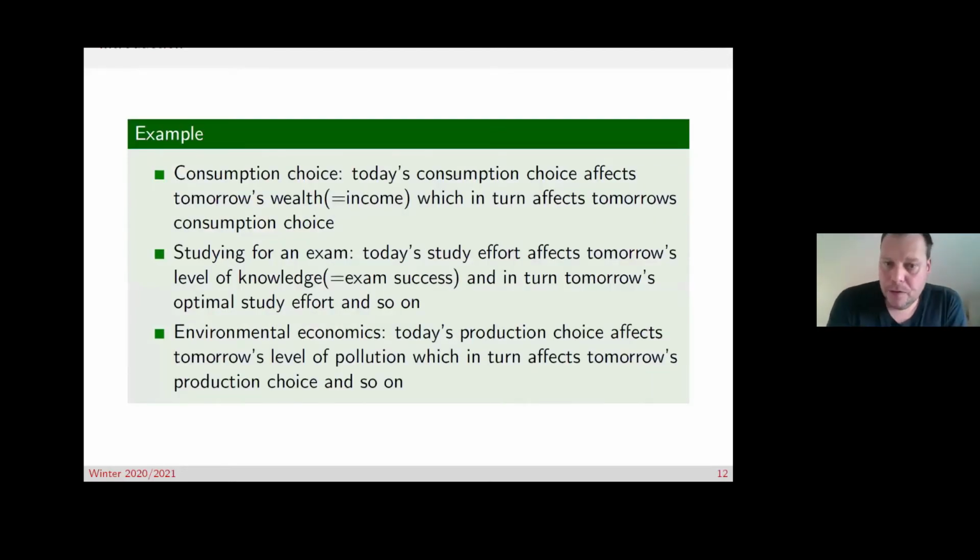Here are some examples. I think when you contemplate a little bit about the general structure, you will see many more examples. These are classical ones. The consumption choice. So consuming, I already talked a little bit about that. Your choice how much to consume today affects your wealth position tomorrow, which then affects your income, which then affects your consumption choice tomorrow, which then affects your consumption choice the day after tomorrow, and so on and so on and so on.